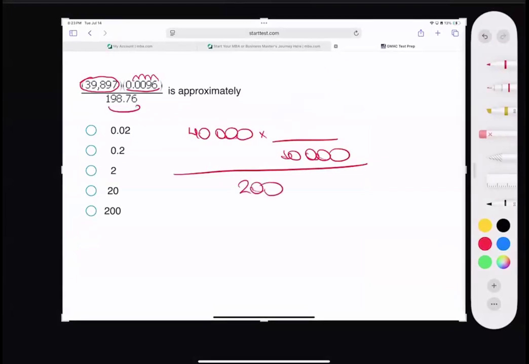Here, I can put 100 because it's 96. Do you guys agree? So 1, 2, 3, 4. So it will be 400 divided by 200. Okay? That is 2. Good.